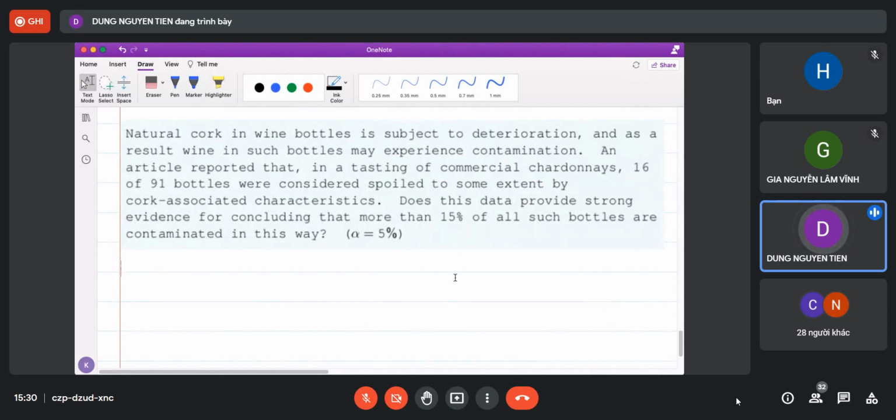An article reported that in a testing of commercial wineries, 16 of 91 bottles were considered spoiled to some extent by cork-associated characteristics. Does the data provide strong evidence for concluding that more than 15% of all such bottles are contaminated in this way? We assume that the significance level is 5%. Can you think about that for a minute?